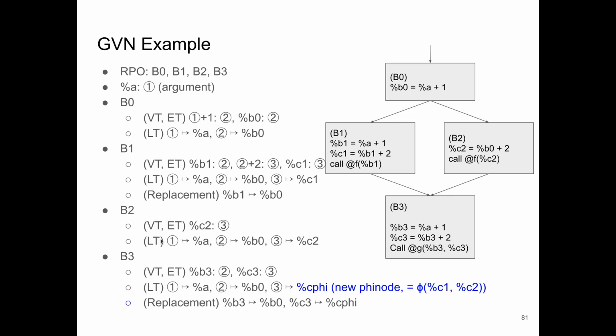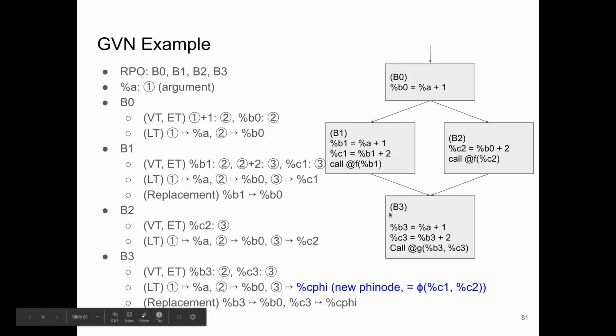For the leader table, it is taken from the final leader table of B0 at the beginning of this B2. After processing this instruction, we can see that the leader value of the number 3 should be ampersand C2, because there's no leader value at the beginning of this B2, as 3 has no entry at the end of B0 in the leader table. But we calculate C2 here, so C2 becomes the leader value of this number 3.